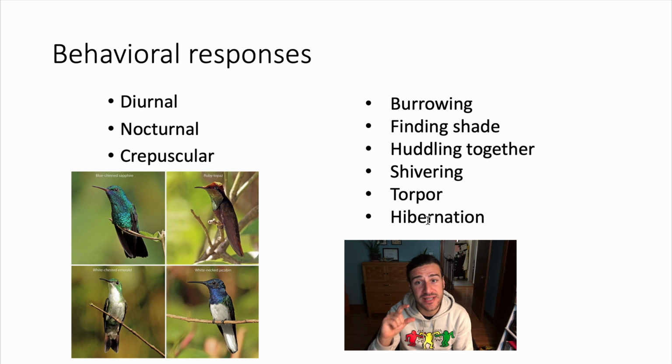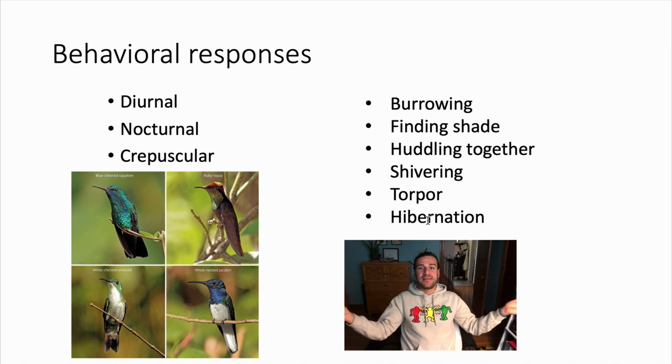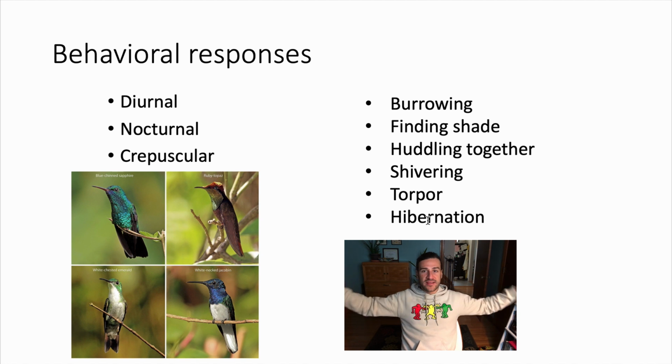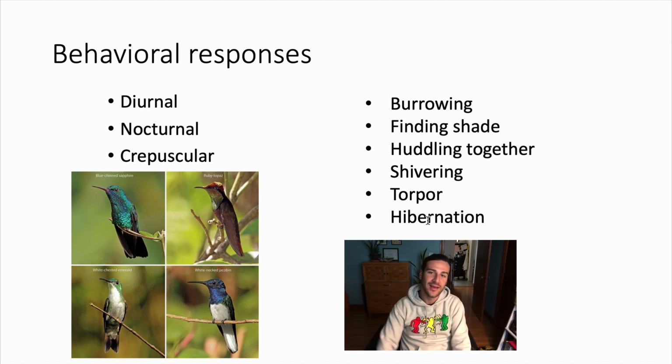They are super tiny. You guys know their wings beat at an incredible rate, and hummingbirds can actually hover in one spot because their wings can beat super fast in a figure 8 motion. So they have the highest metabolism of any animal on the planet.